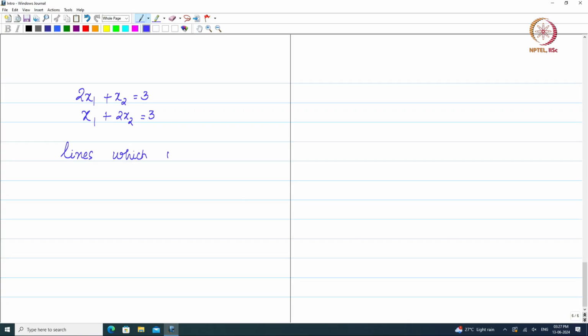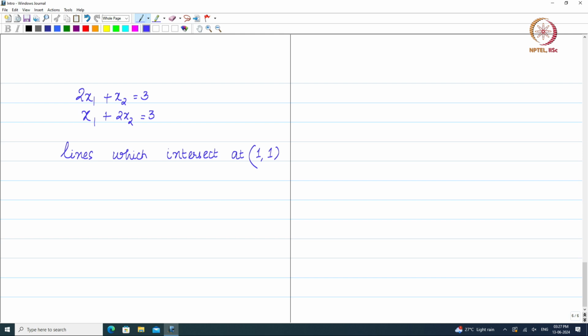These are lines which intersect at 1 comma 1, x1 is equal to 1 and x2 is equal to 1. This was what you saw in the last lecture.